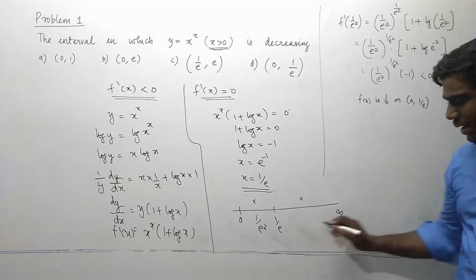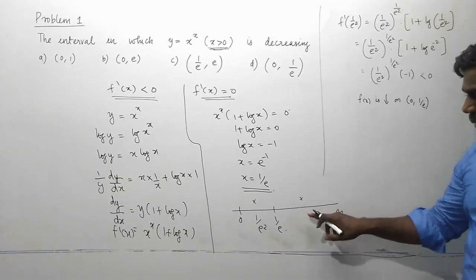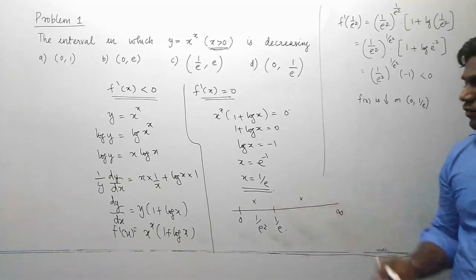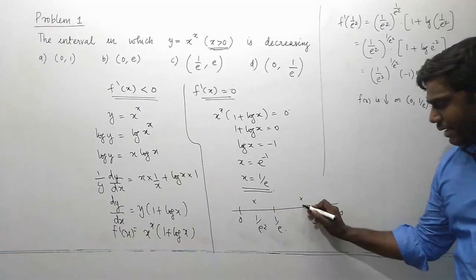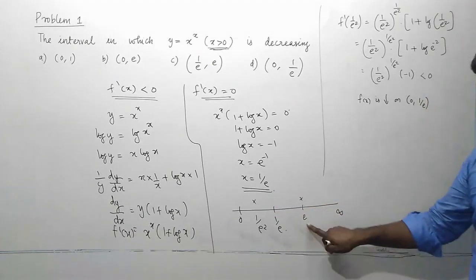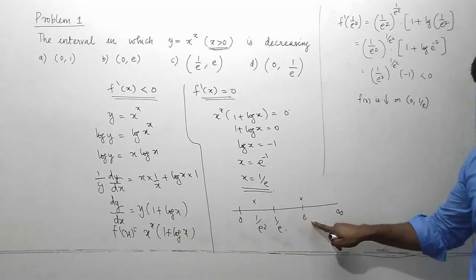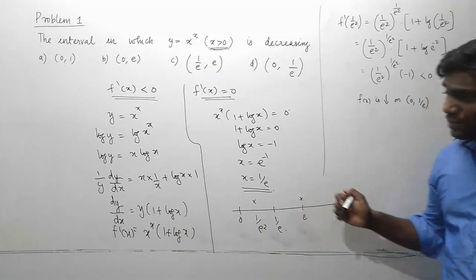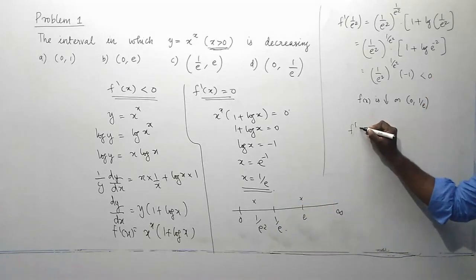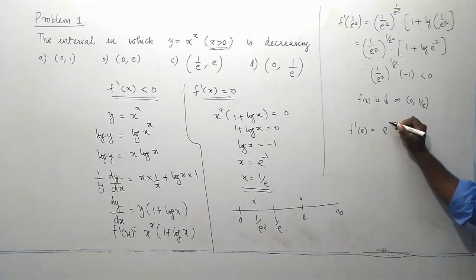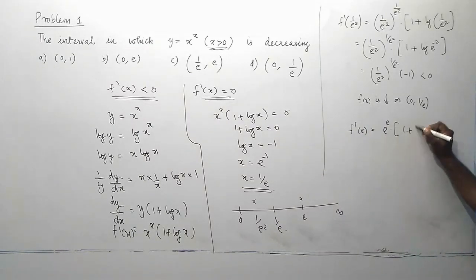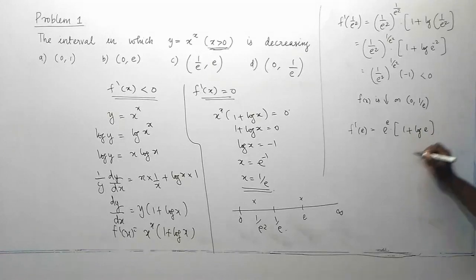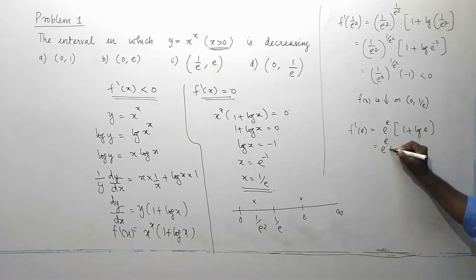Now what about (1 by e, infinity)? Let us take a point from here such that f dash of x can be easily calculated, and we can take e. Since e is greater than 1 by e, e exactly belongs here. And what about f dash of e? F dash of e will be e raised to e into 1 plus log e. Since log e is 1, we get e raised to e into 2.